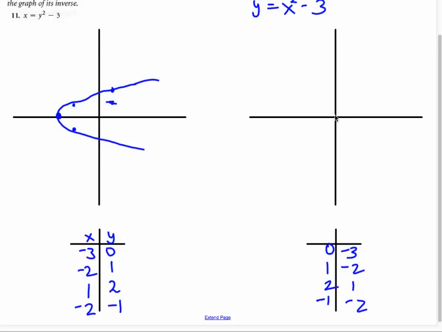And then plot those points, 0, negative 3, down here somewhere, 1, negative 2, about there, 2 and 1, right about there, negative 1, negative 2, right about there. Looks like I'm getting a graph that looks like this.